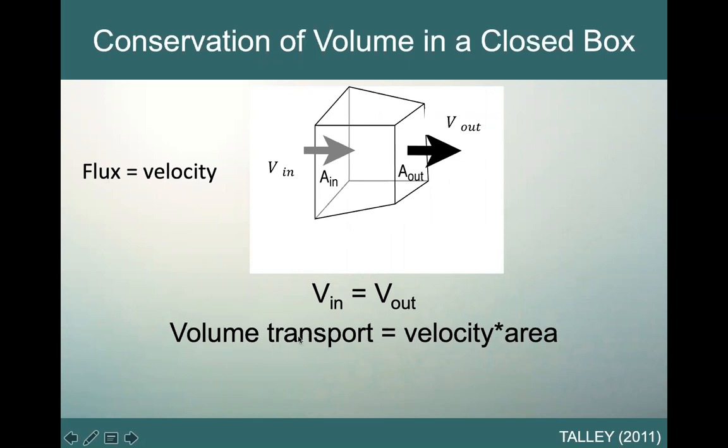Our volume transport is meters cubed per second, our velocity is meters per second, and our area is meters squared. So this side of the equation will also be meters cubed per second. Our dimensional analysis checks, and we can say that our volume transport is equal to our velocity times our area.